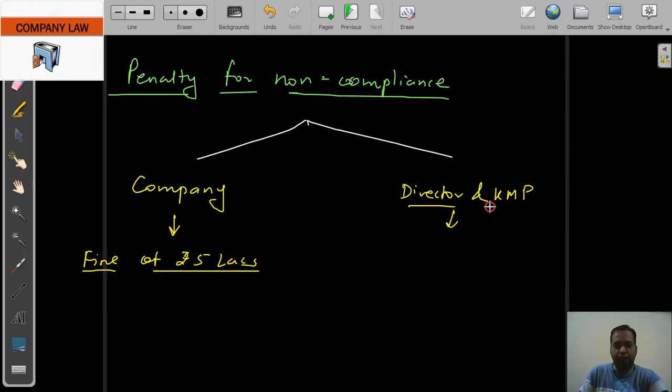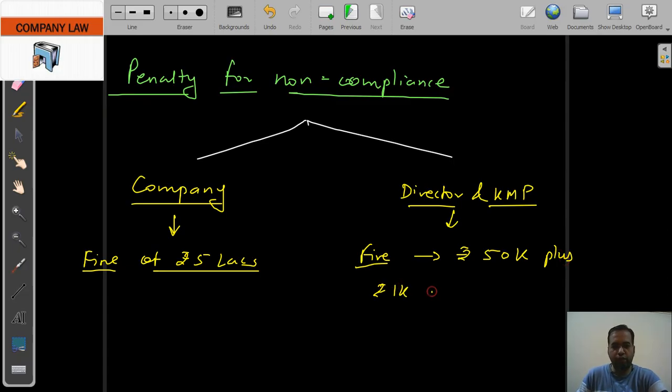And in case of a director or KMP who is in default, a fine of rupees 50,000 plus rupees 1,000 penalty for each day of default.